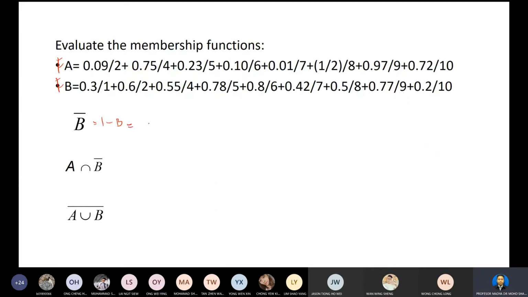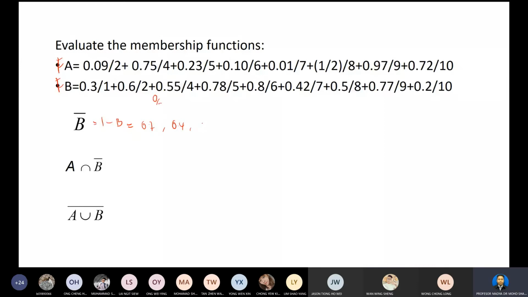You can see this one, 1 minus fuzzy set B. Okay, 1 minus 0.3, 0.7. Then 0.4. You can see this one is missing on sequence number 3. That's why here actually we have sequence number 3 is 0.